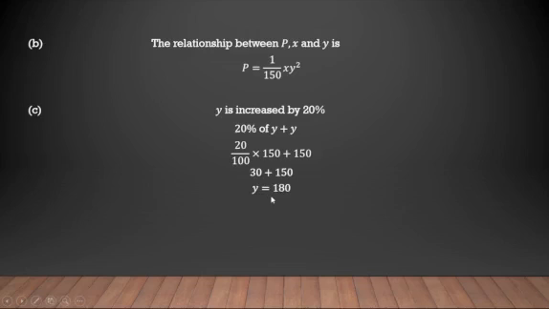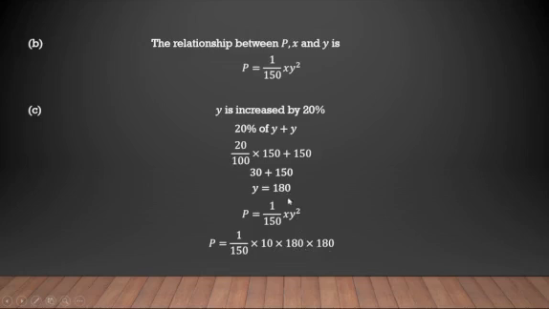Now, having known this value, we can go ahead and substitute it in the equation that we have, this relationship. So just substitute. You have P is equal to 1 over 150 times 10, X being 10 as given to us in the question, then times 180 times 180, that is Y squared.